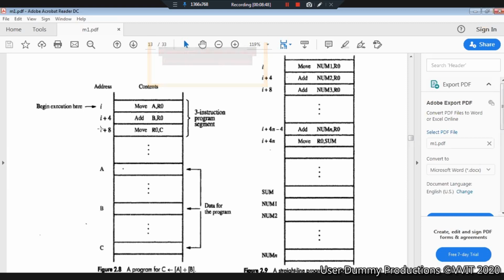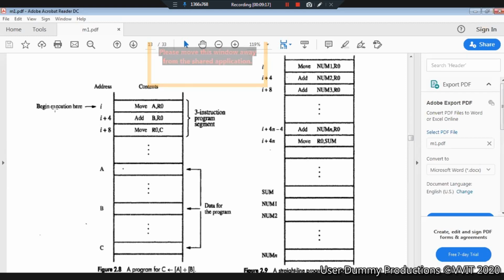At the I plus 8 address, MOVE R0, C: whatever the content of R0 is should be moved to C. This is called straight line sequencing. You start at one address and it increments. Our address size is 4, so it is incremented by 4 each time to get the next address in a straight line manner. There is no branching.